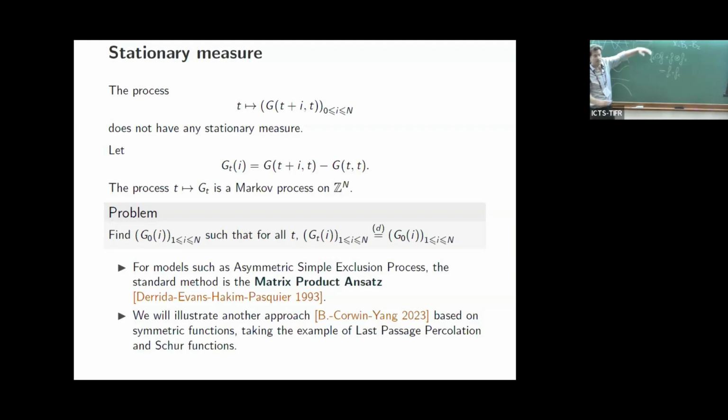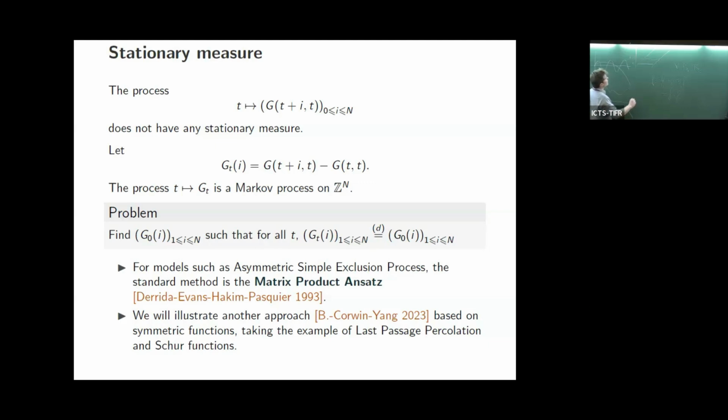So here I'm at time t, and in the next row I'm at time t plus 1, and I have a Markov process that evolves the set of passage times on a row to the next row, to the next row, etc. This Markov process does not have a stationary distribution simply because we keep adding weights. So the passage times on a given row, as t goes to infinity, will just increase to infinity. It will not reach a stationary distribution.